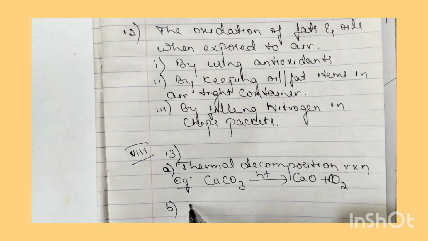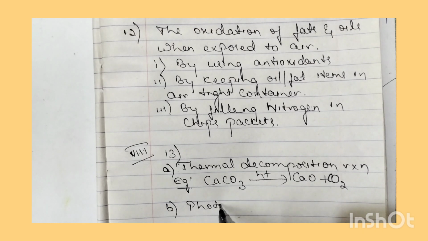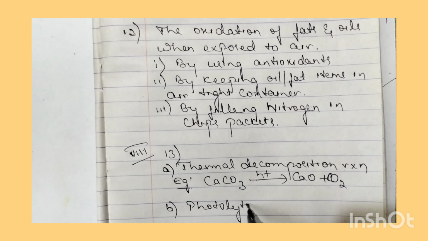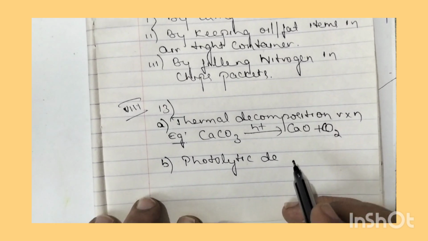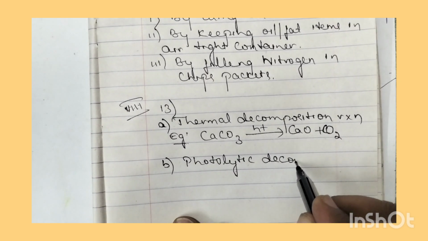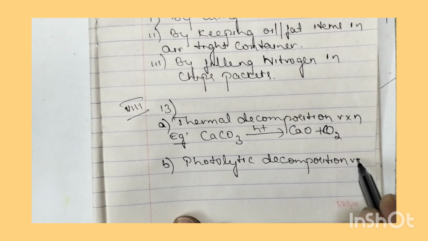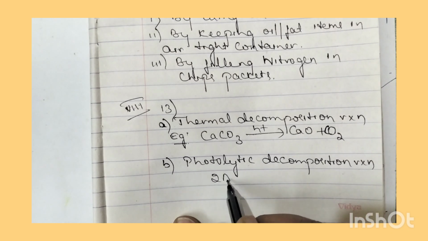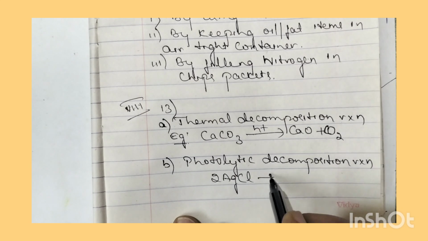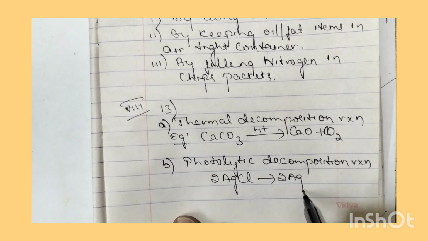Then let us move to photolytic decomposition reaction: 2AgCl gives 2Ag plus Cl2.